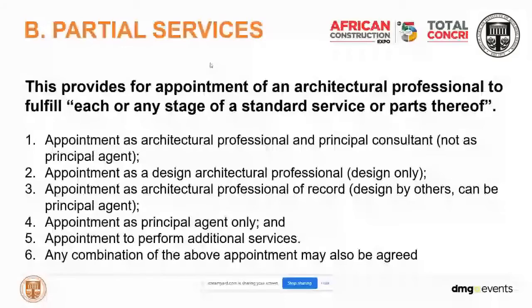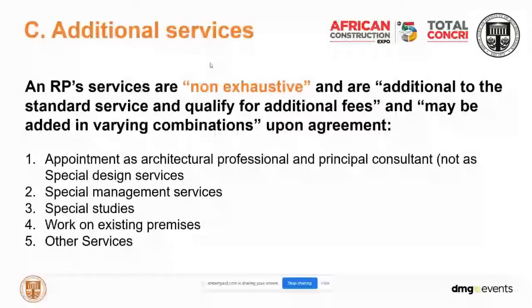The third service would be an additional service, where SAIBD states that an RP's registered professional services are non-exhaustive and are additional to the standard service and qualify for additional fees and may be added in varying combinations upon agreement.